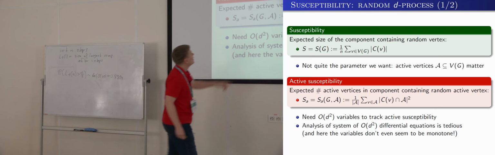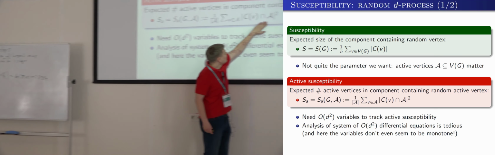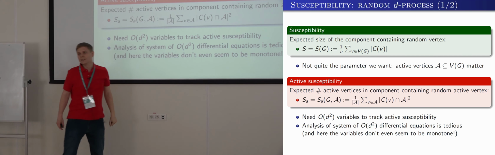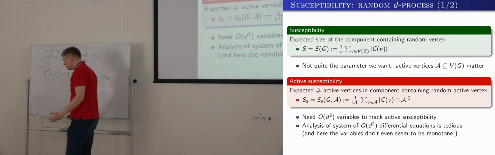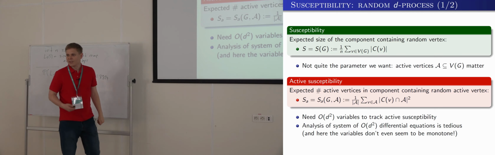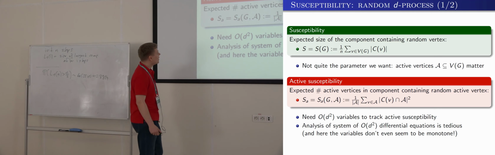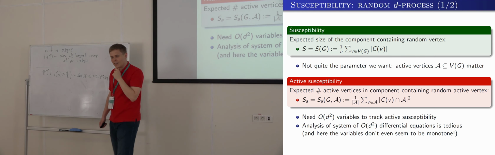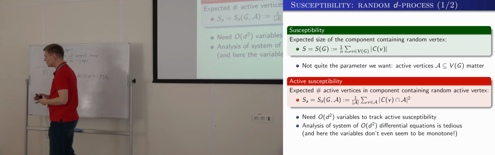It's the same as above, except we are only interested in active vertices and we only sample from active vertices. It turns out that's the relevant quantity to look at, which is clearly guided by the original susceptibility but different. Now we have this active susceptibility, and we want to understand how it behaves.